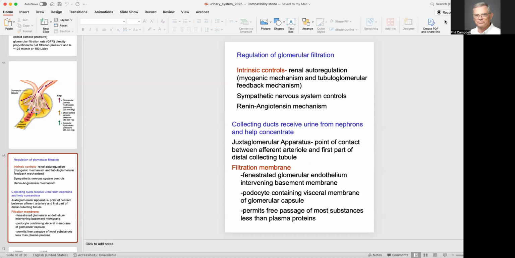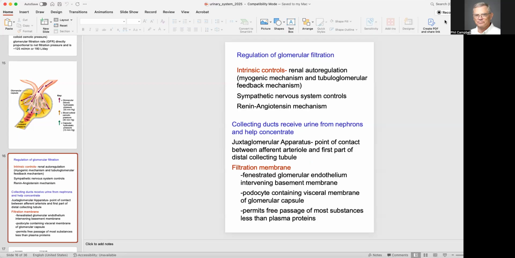Now let's go back and ask, how is that regulated? That's going to be regulated by the juxtaglomerular apparatus, because here is your glomerulus, your afferent arteriole, and here is your distal convoluted tubule. This apparatus consists of things in the distal convoluted tubule which are measuring the filtrate. Remember, this is just before it's leaving the tubule.